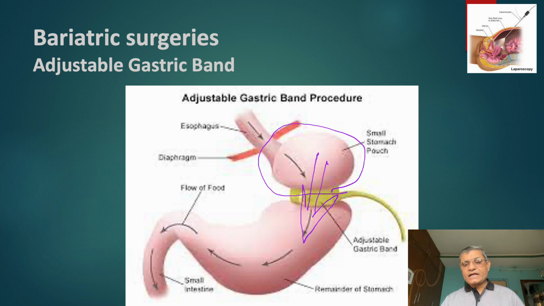This band can be adjusted by inflating or deflating it. So if the patient has rapid weight loss, you can adjust it to allow more food. Next we will move on to the ultimate bariatric surgery.